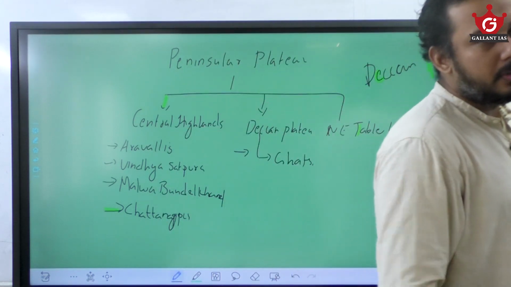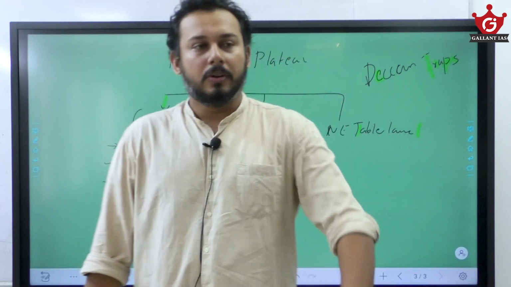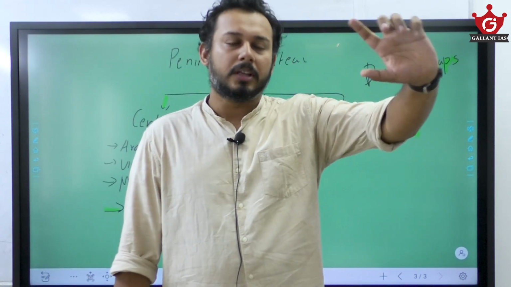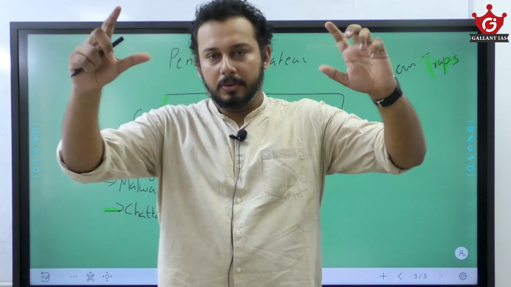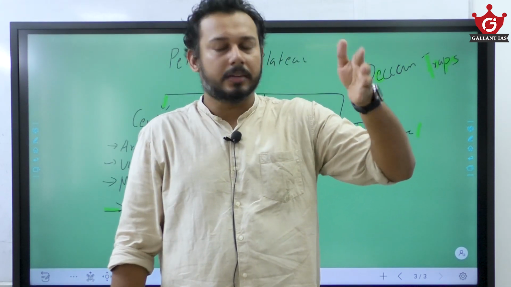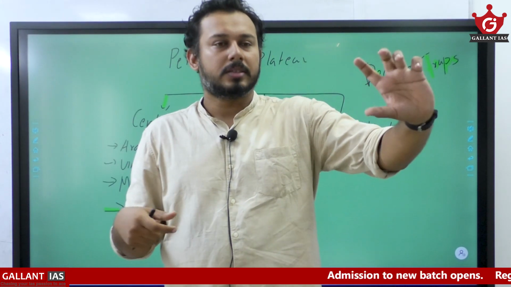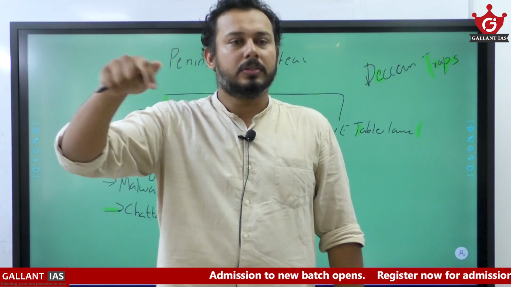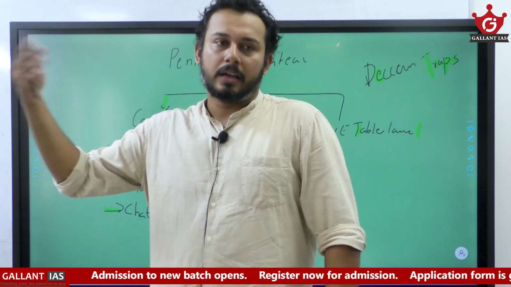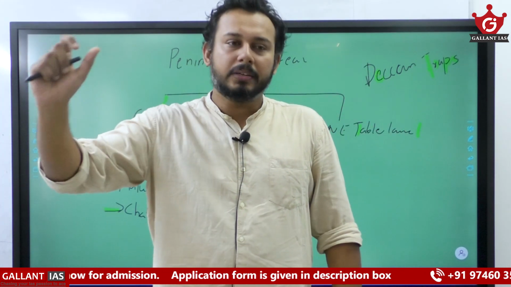Try to differentiate between Western Ghats and Eastern Ghats when you are studying, so that it will be easy to remember the facts. Because you know that Western Ghats runs from river Tapi to Nilgiri, Eastern Ghats, Mahanadi to Nilgiri. Western Ghats, the states which include Gujarat, Maharashtra, Goa, Karnataka, Kerala, Tamil Nadu. Eastern Ghats, also study the list of states. Western Ghats are continuous, Eastern Ghats are not continuous because of the rivers that are eroding the Eastern Ghats. Western Ghats have higher elevation, Eastern Ghats have comparatively less elevation.